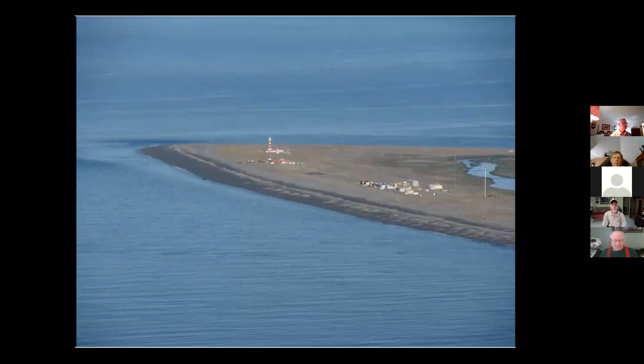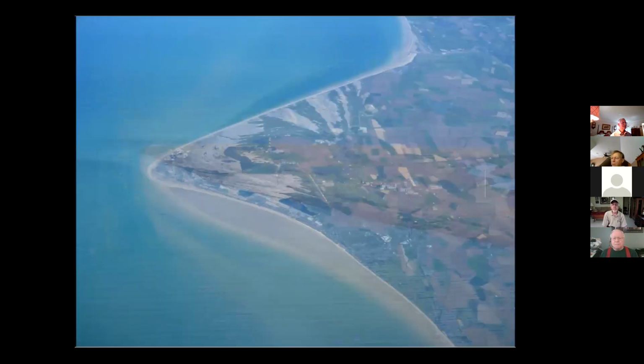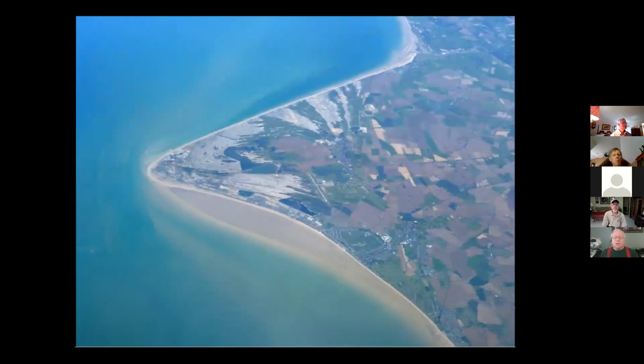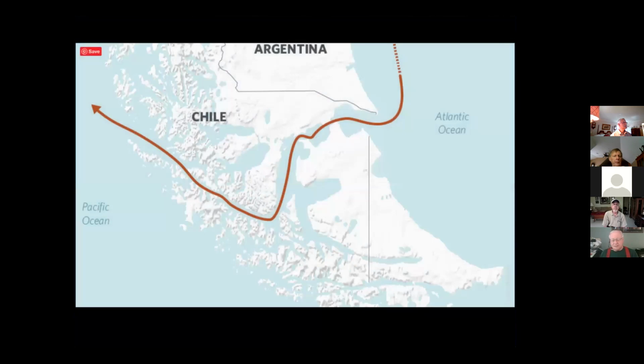It was called by the British, using Spanish language, Punta Dungeness, or Dungeness Point, because it resembled Dungeness Point on the coast of Kent in England. So there's the point in England, and that's how they got the name for this thing.